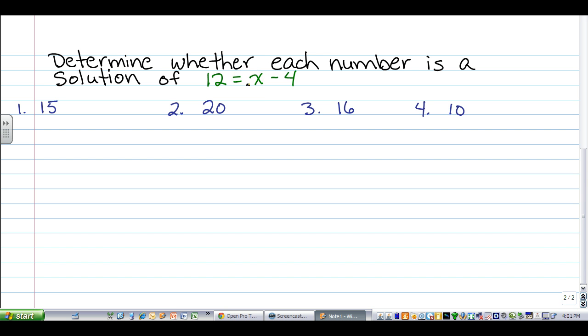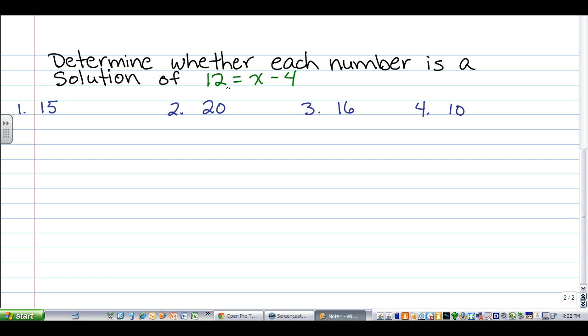So you might get some directions that say, determine whether each number is a solution of 12 equals x minus 4. Well, determine just means to decide. So here are the numbers. And we have to look at each of them, plug them in where the x is, and decide which one of these is a solution for 12 equals x minus 4. Which one of these is going to make this equation correct?